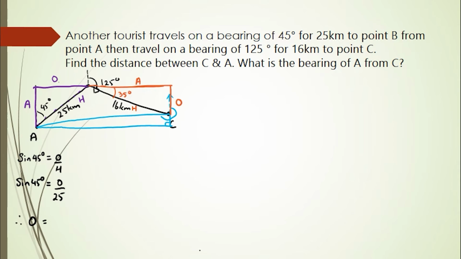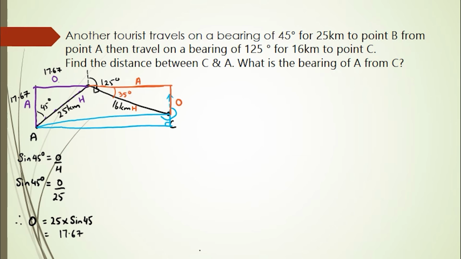Therefore, opposite is equal to 25 times sine 45, which equals, I just realized I actually worked this out in the last slide, 17.67. So this here is 17.67. Now, because it's a 45-degree angle, it's an isosceles triangle, and I think I already proved this in my previous example that the adjacent is also going to be 17.67. Okay, so that's the purple triangle.